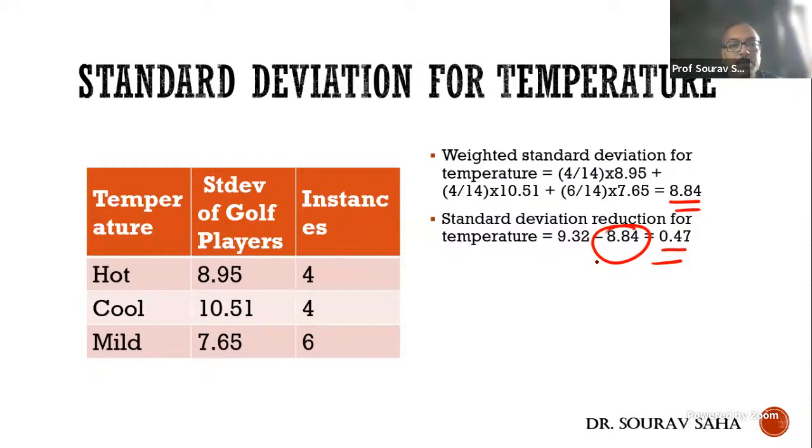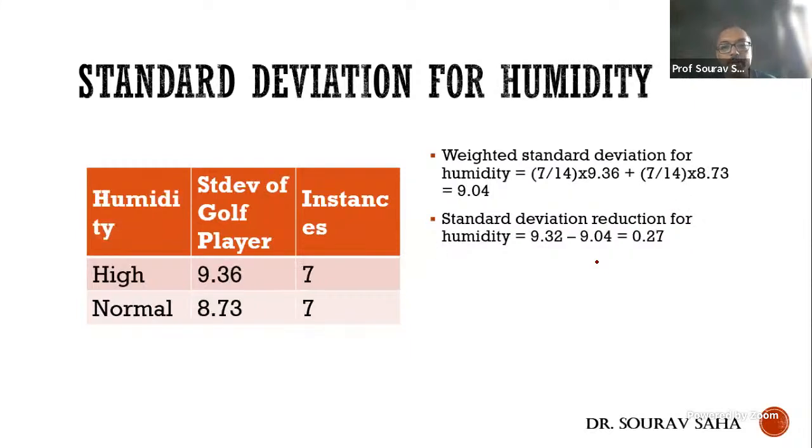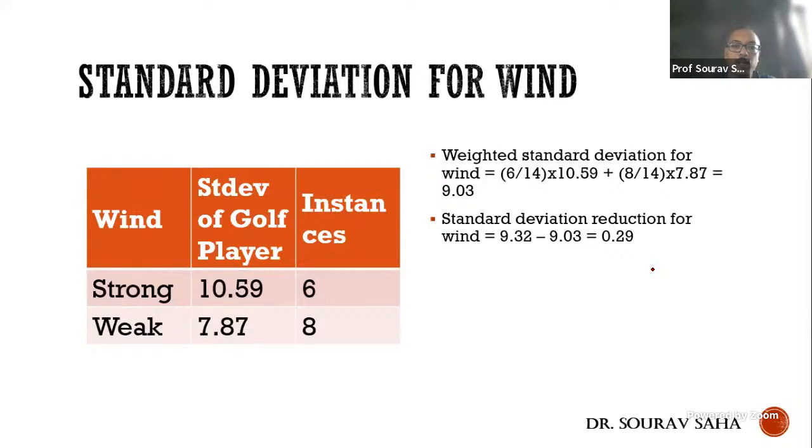Similarly, I'll split based on humidity: humidity high and humidity normal, 7 instances each, with a standard deviation of 9.0. The reduction in variance, in standard deviation, is 0. Now, if I look at the wind, it is 0.9.